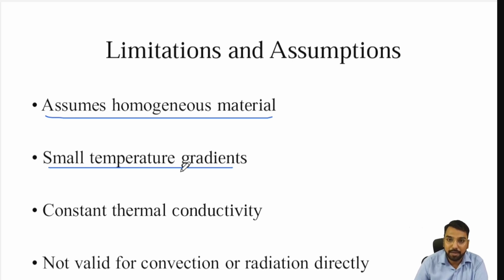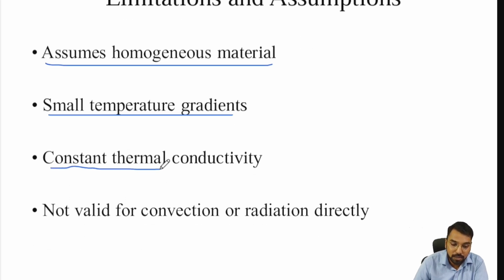It is common practice that if we insulate a building, the building walls generally have a thickness of some 10 inches, or maybe a maximum of up to 12 inches. After that, if you put in 1 meter of wall, it is not economical. So that's why Fourier's law is applicable, or we assume the temperature gradient will be small.